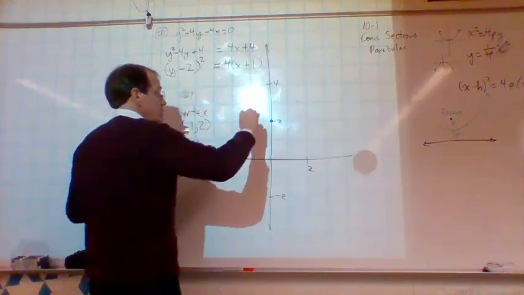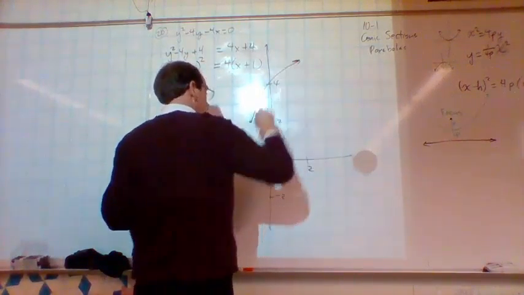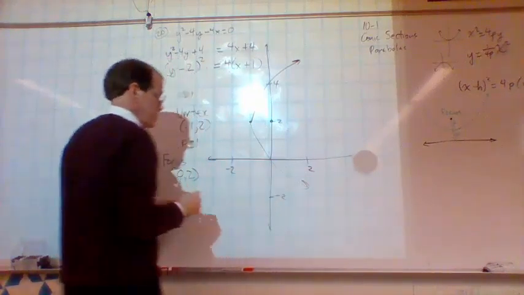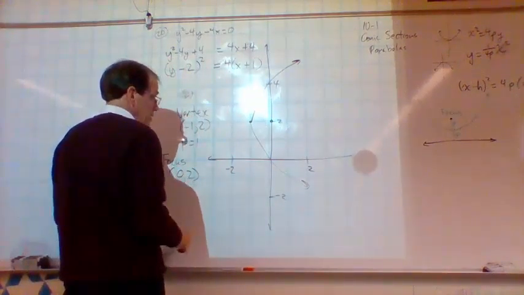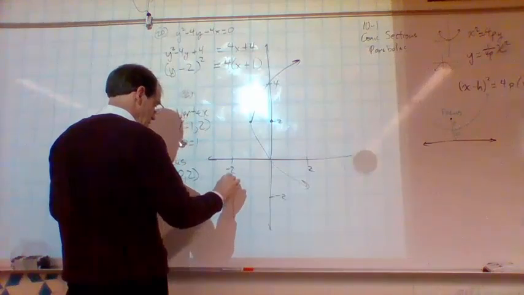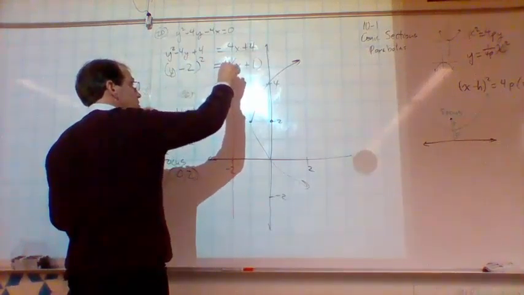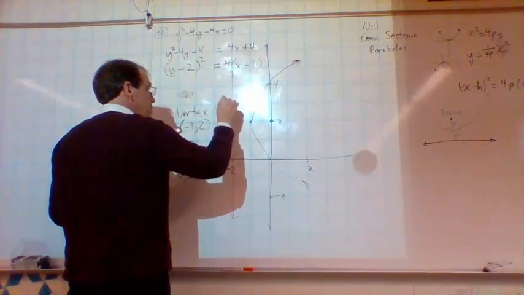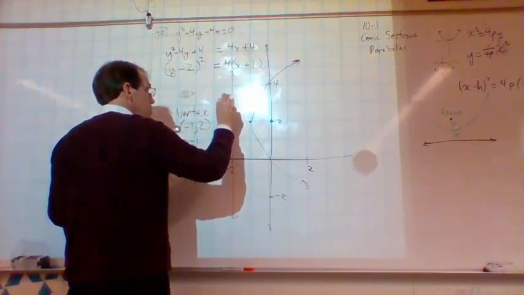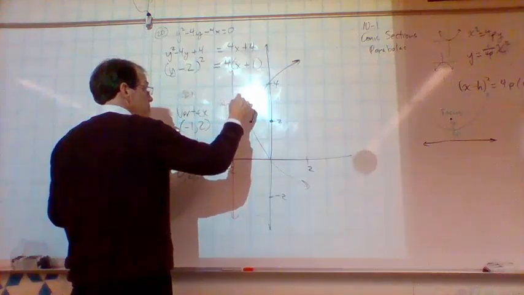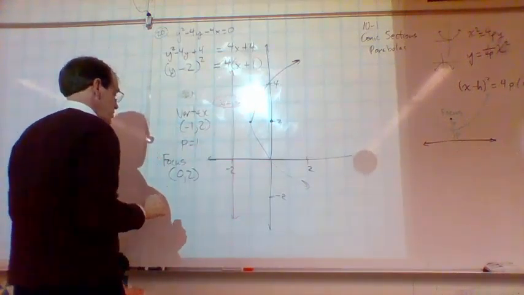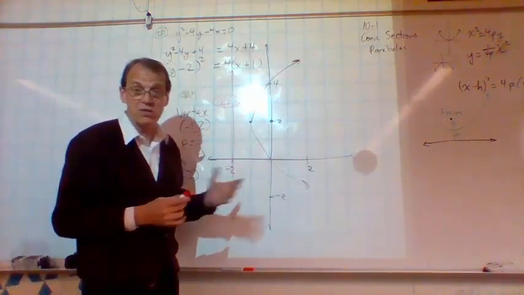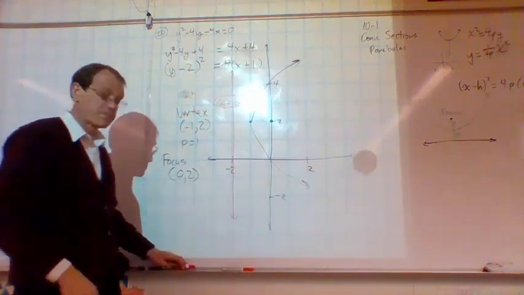So basically this guy's going to open up this way. I know my directrix has to go right here, the same distance away. So that's at x equals -2. There's my directrix equation. And there's my whole sketch, and I'm pretty much done with that.